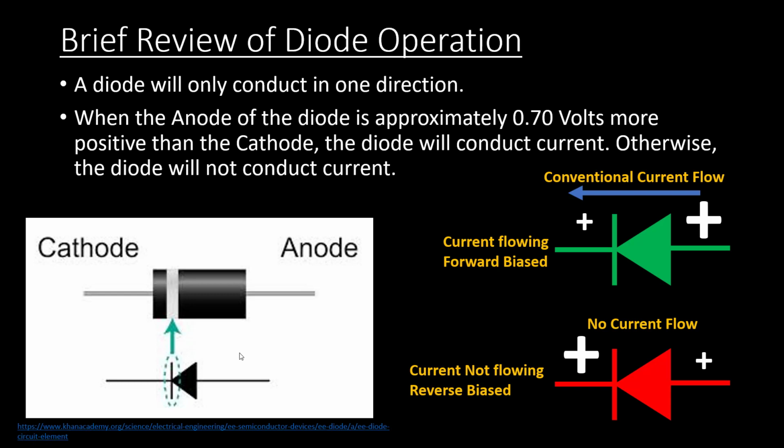A diode has two elements. It has an anode, which is this side of it, and it has a cathode. A typical diode physically looks like a little black cylinder with leads and a silver band on it, and that band marks which lead is the cathode.